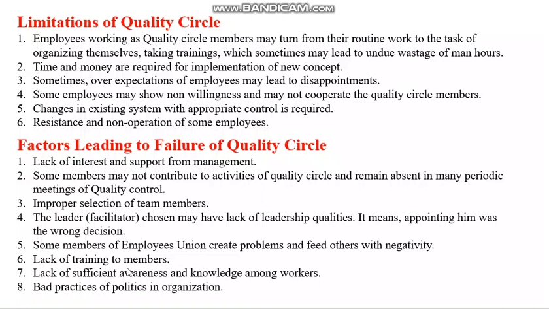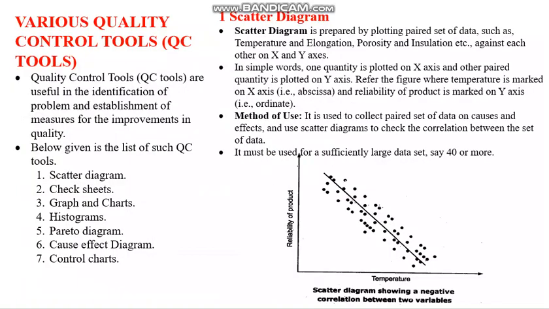Then lack of training to members. Unless you train the people, they will not be able to learn problem solving techniques and other things. Then lack of sufficient awareness and knowledge amongst the workers, for which again training is necessary, and bad practices of politics in the organization. These are all the factors which lead to the failure of quality circles.